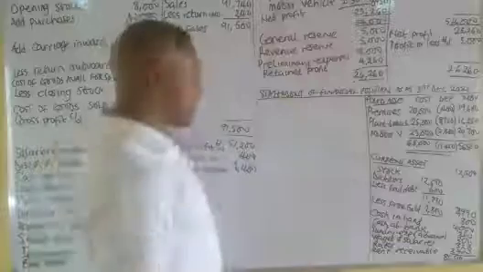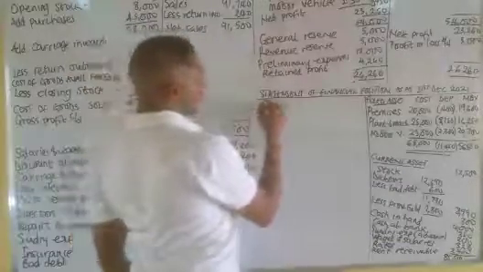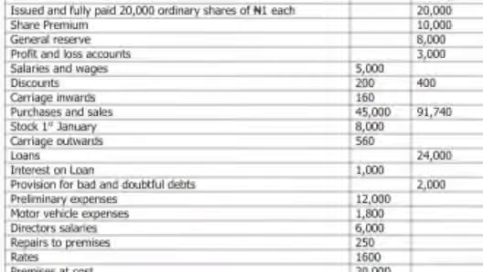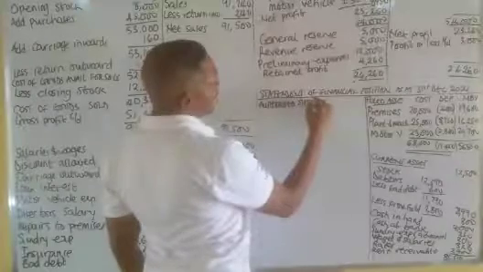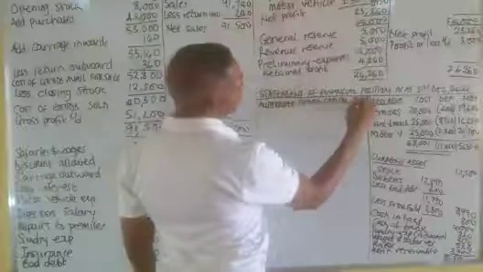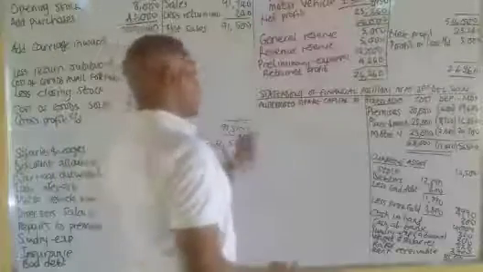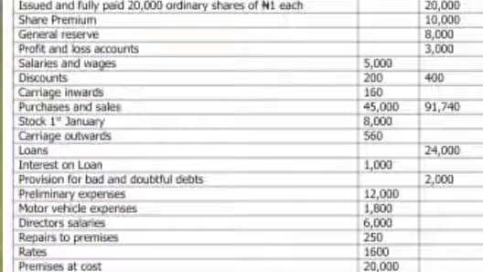So the left hand side is the capital angle. We'll start with authorized share capital. They say the issued share capital in the question. In the question, you can see that they say issued and fully paid 20,000 ordinary shares of 1 naira each.